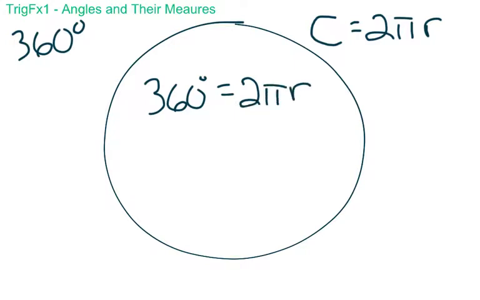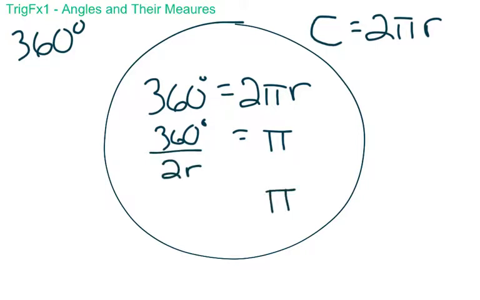And I'm going to solve for pi in this particular case. So pi is equal to 180 degrees over a radius.